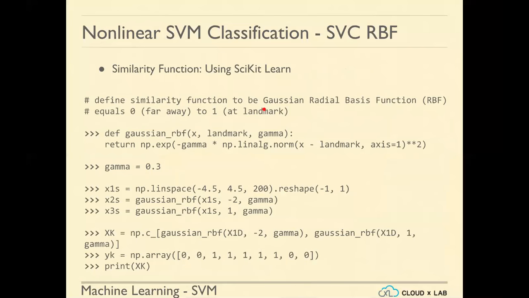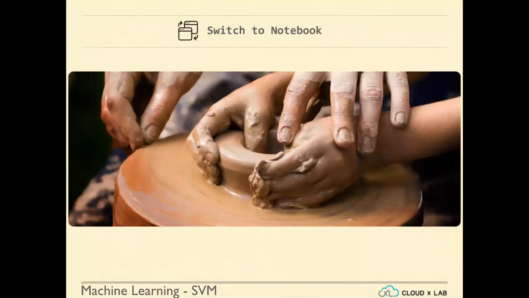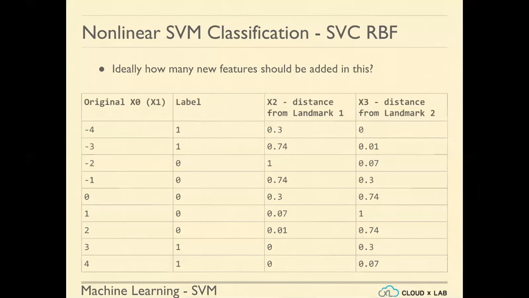The same thing is shown here. Now, in this case, how many features would be added to this? Ignore this part.